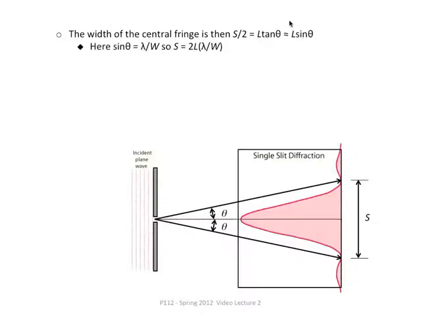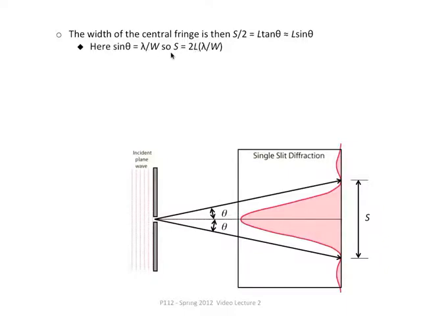We can just plug that into this equation. And so we get the width of the central fringe s in terms of the distance to the screen, the wavelength of the light, and the width of the slit. So we can say something about this central fringe. Or in many cases, we may want to know how wide the slit is if we don't already know that.